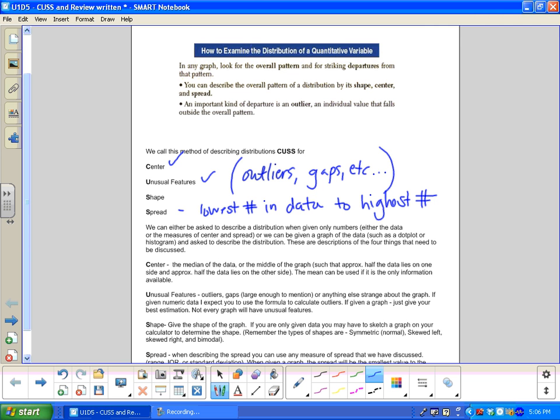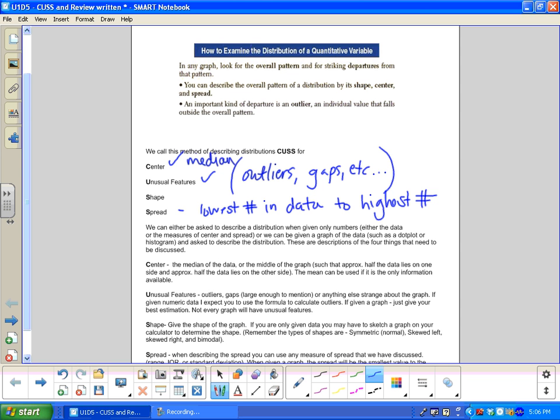The center is going to be the median for all practical purposes, unless you are not given the shape of your distribution, unless you're not given an actual graph to look at. Every once in a while you can use the mean as the center if that's the only information you're given.